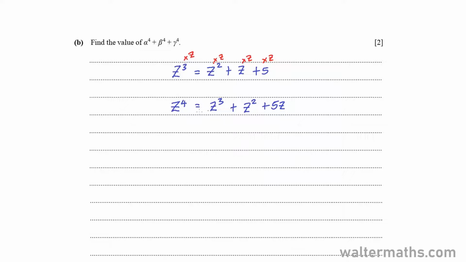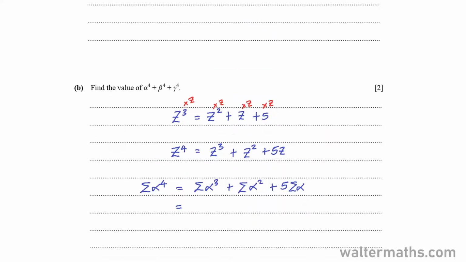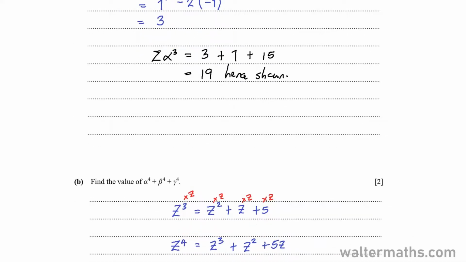So we can actually come out with a recurrence relationship for z to the power 4, which is the sum of roots of the form alpha to the 4 being equal to the sum of roots of the form alpha cubed plus the sum of roots of the form alpha squared plus 5 of the sum of roots. And with that, for the sum of roots of the form alpha cubed, that's alpha cubed plus beta cubed plus gamma cubed, which we got right above as 19.